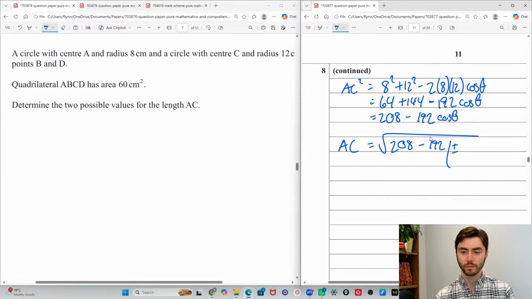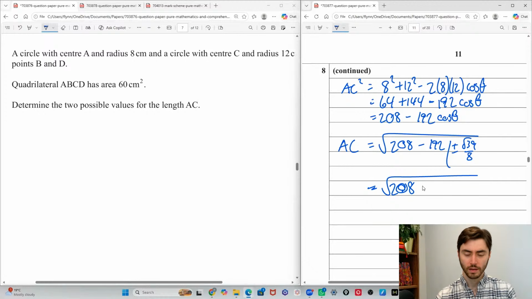Yeah. So 192 divided by 8 is 24. So in other words, it's the root of 208 plus or minus 24 root 39.